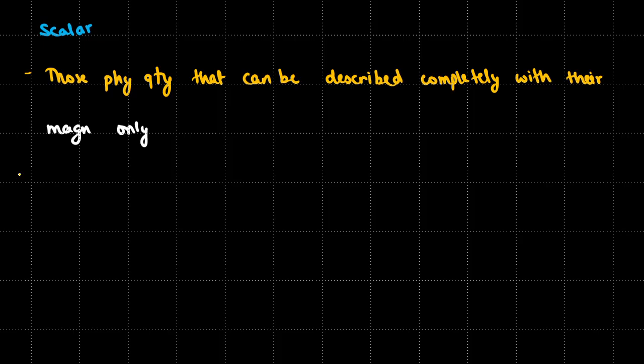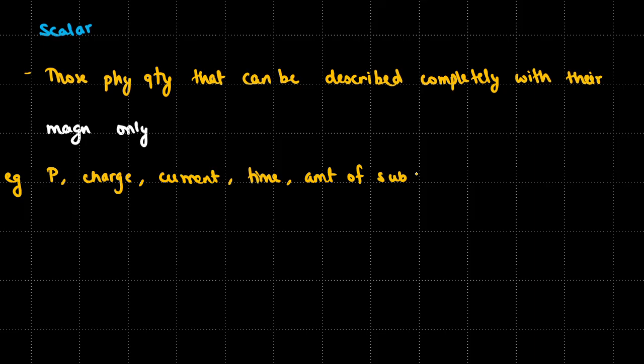And for example, let's look at some examples. Some examples will be pressure, charge, current, time, amount of substance, as well as mass, length, etc. So now let's go to vectors.